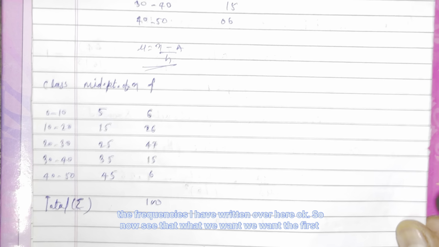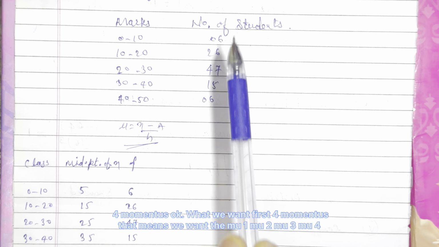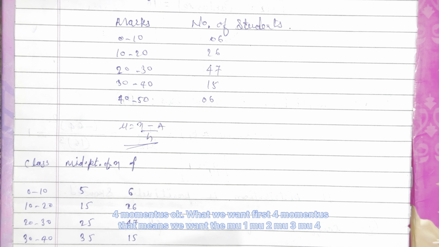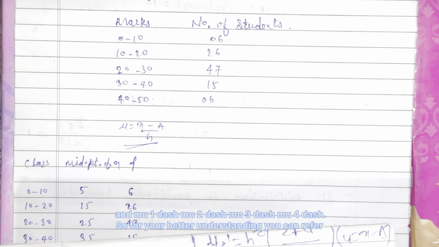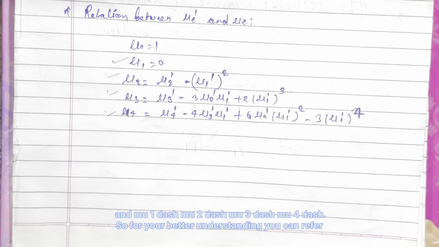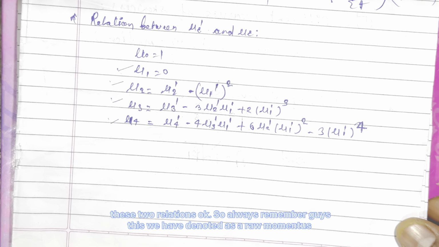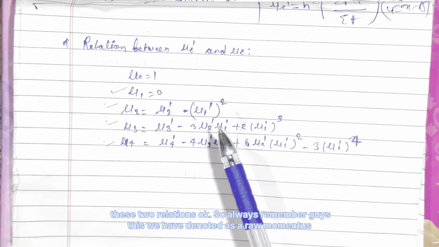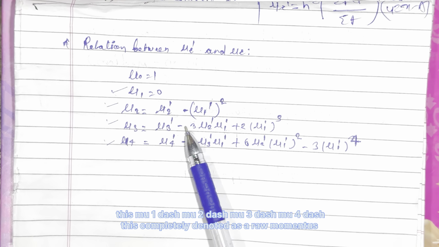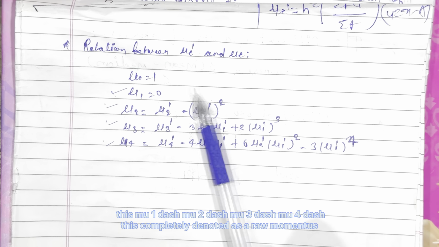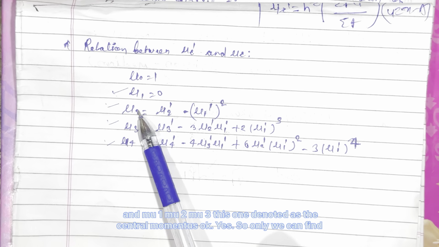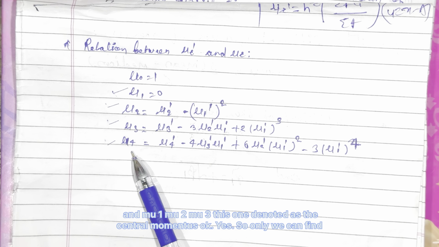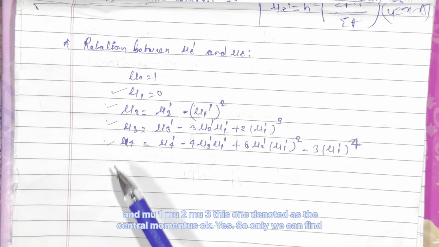Now what we want is the first four moments, that means mu1, mu2, mu3, mu4 and mu1 dash, mu2 dash, mu3 dash, mu4 dash. For better understanding you can refer to these two relations. Always remember that mu1 dash, mu2 dash, mu3 dash and mu4 dash are denoted as raw moments, and mu1, mu2, mu3 are the central moments.